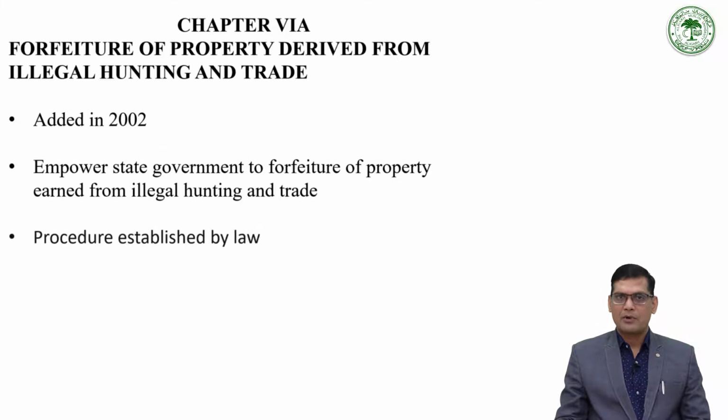Through the Wildlife Amendment Act of 2002, a new chapter entitled Forfeiture of Property Derived from Illegal Hunting and Trade was inserted.